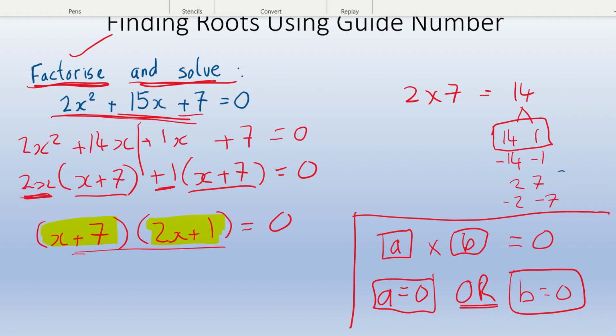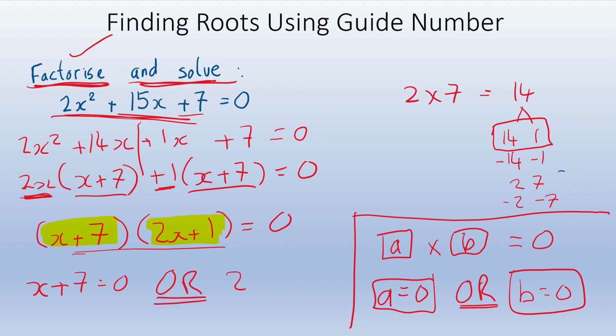So we know from what we've said before that either my x plus 7 has to be 0 for this to make sense, or my 2x plus 1 has to be equal to 0. So it's the exact same thing as I've done over here. My first thing has to be 0, or my second thing has to be 0 in order for the whole thing to be true. Then what you're left to do is just solve what you're left over with.